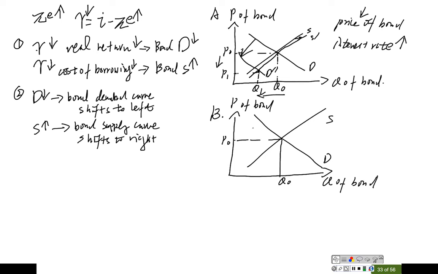If the bond demand curve only shifts to the left a little bit, but the bond supply curve shifts to the right a lot, what will be the new equilibrium point? That will be here.